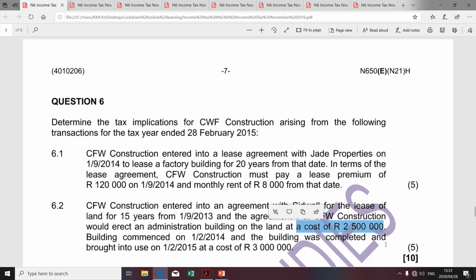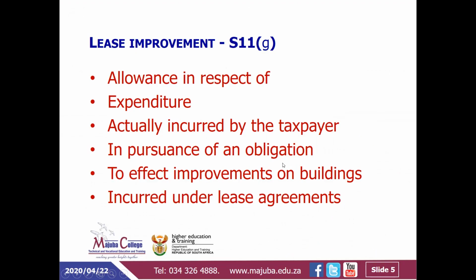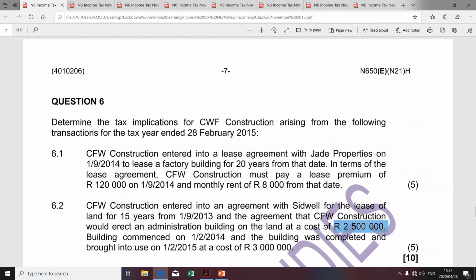I'd like to emphasize the fact that CFW incurred an amount of 3 million, but however, in the lease agreement, the agreed upon amount was 2.5 million. Therefore, the lease improvement allowance granted in terms of section 11G will be limited to the amount of 2.5 million.